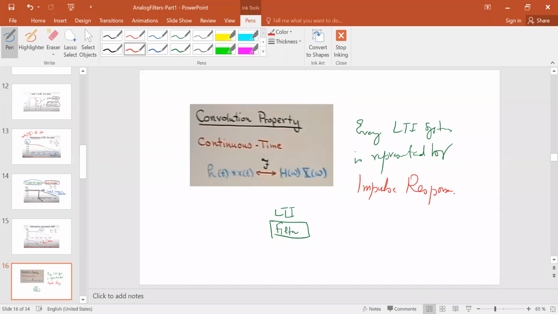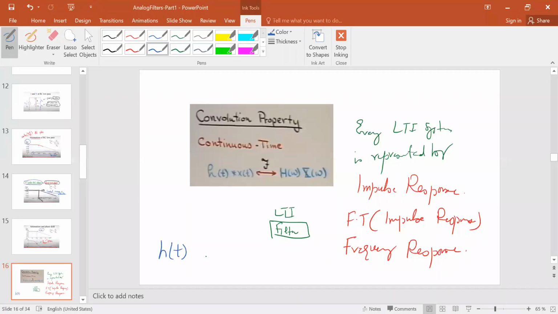And what happens is, since we are dealing with the frequency domain, the Fourier transform of the impulse response is the frequency response. So we have h of t, which is the impulse response, and after Fourier transform, this becomes h of omega.